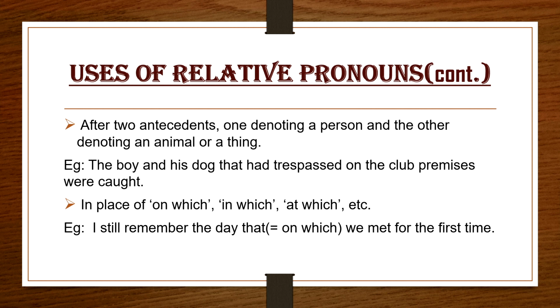For example, the boy and his dog that had trespassed on the club premises were caught. That is also used in place of on which, in which, at which, etc. I still remember the day that we met for the first time.